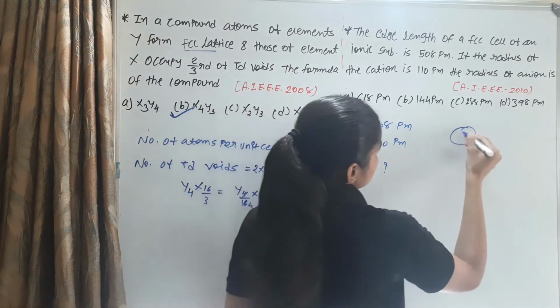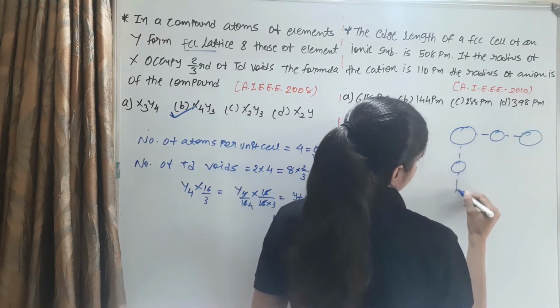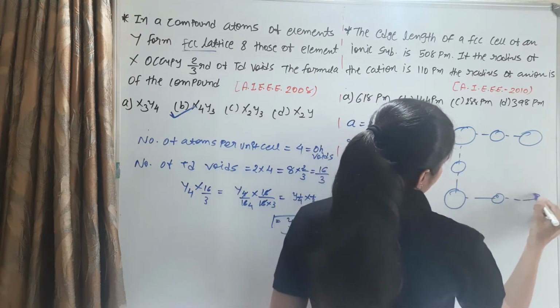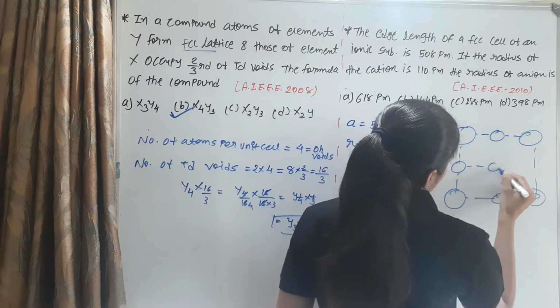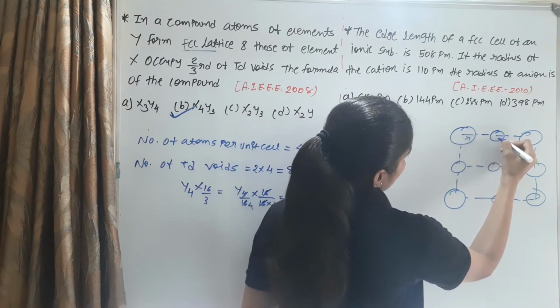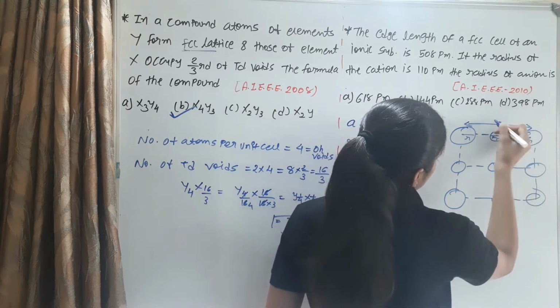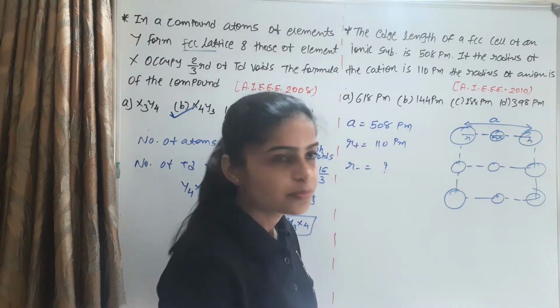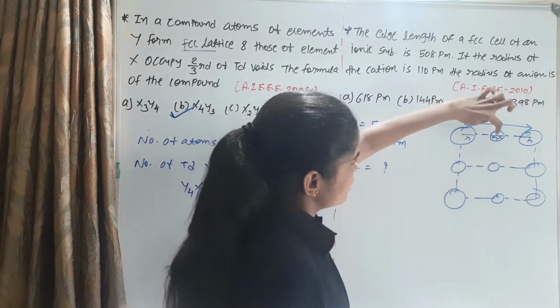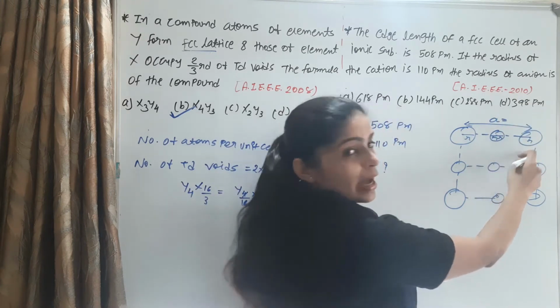For example, this is the crystal. This is R and this is R. This distance is the edge length A. So A is positive and negative, total 4R.